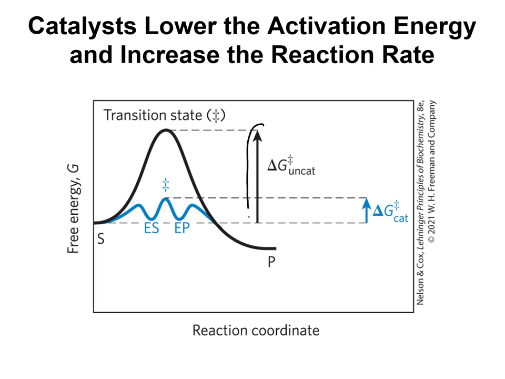Look at this arrow. It's huge. That's our activation energy of the uncatalyzed reaction. With an enzyme, we can make that significantly smaller. So that's what enzymes do. They lower the activation energy required to go from substrate to product.